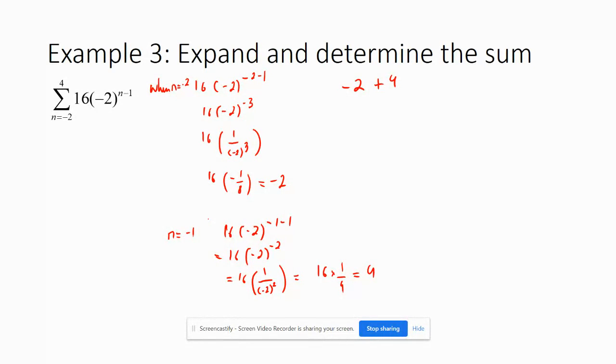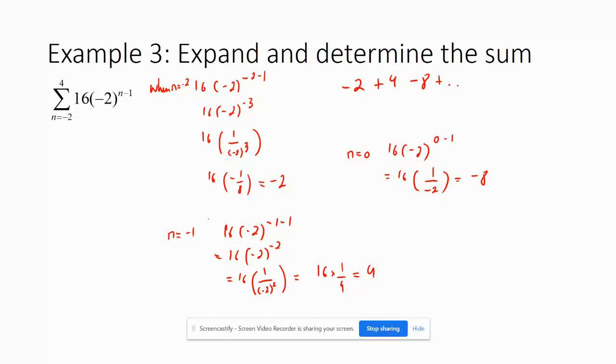Let's do one more when n equals 0. We have 16 times negative 2 to the 0 minus 1, which is 16 times 1 over negative 2, which is negative 8. So really we're calculating this series over here: negative 2 plus 4 minus 8 plus dot dot dot.